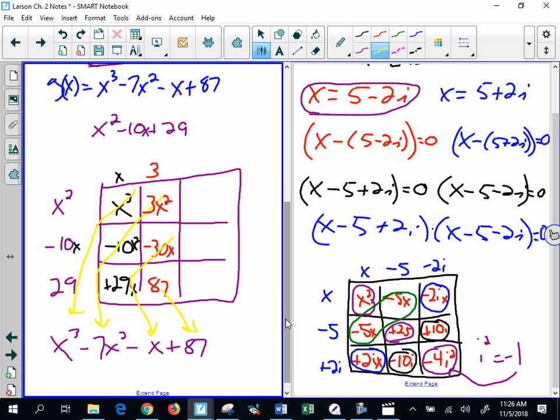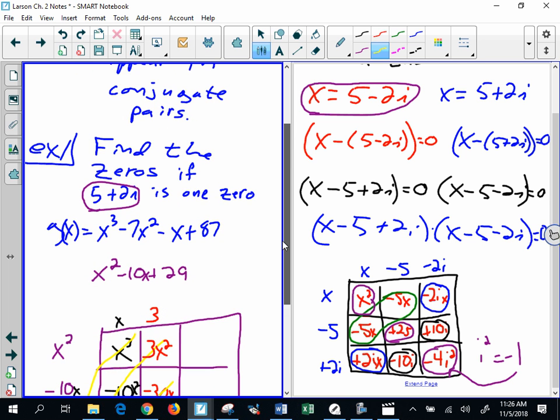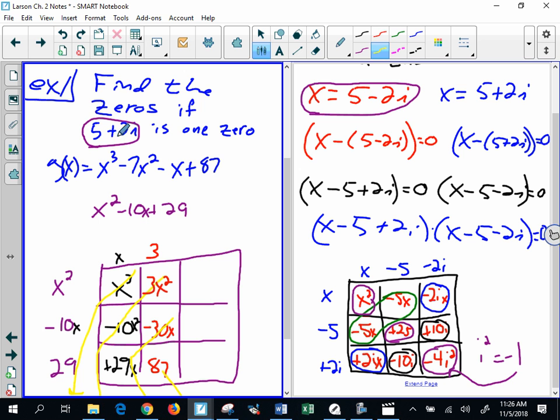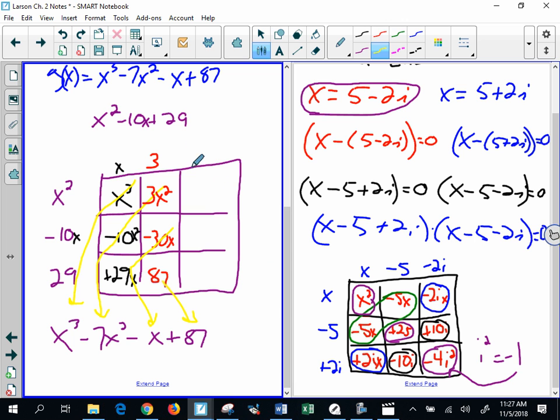So what do I know? I know that one of my zeros is 5 plus 2i. I know the other zero is 5 minus 2i. And my last factor should be x plus 3.